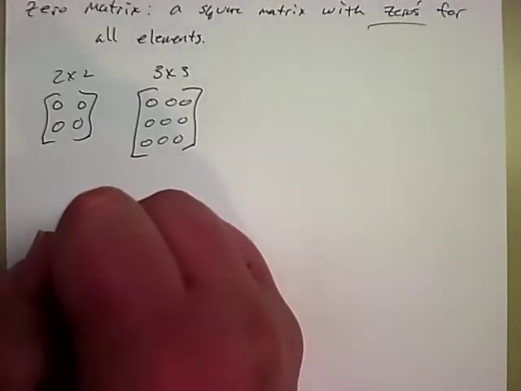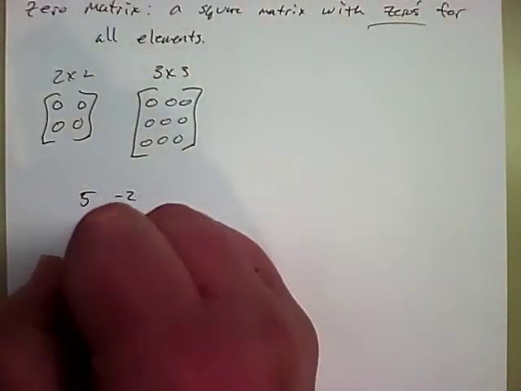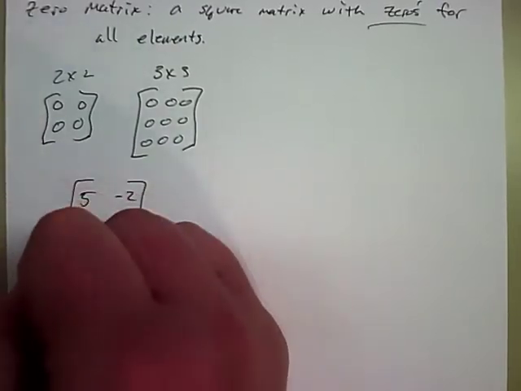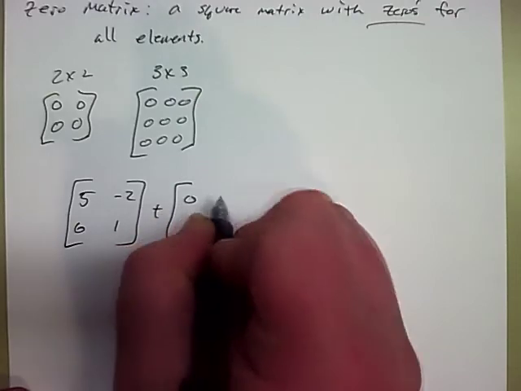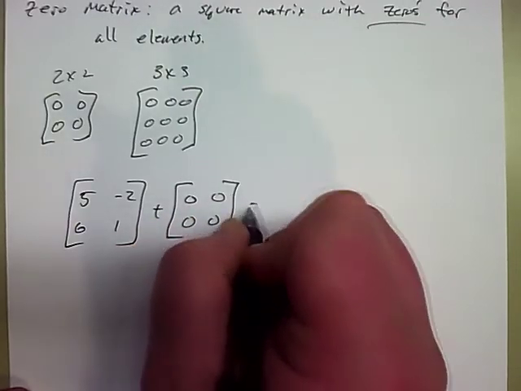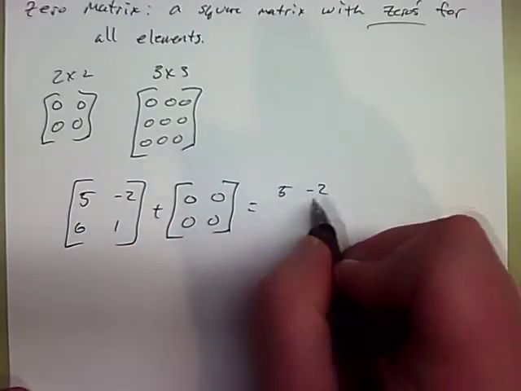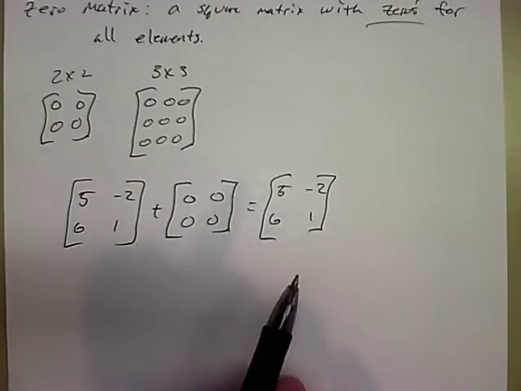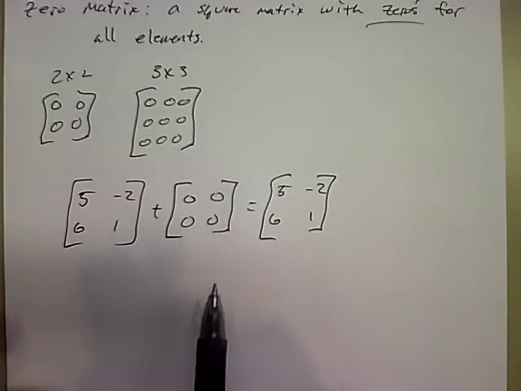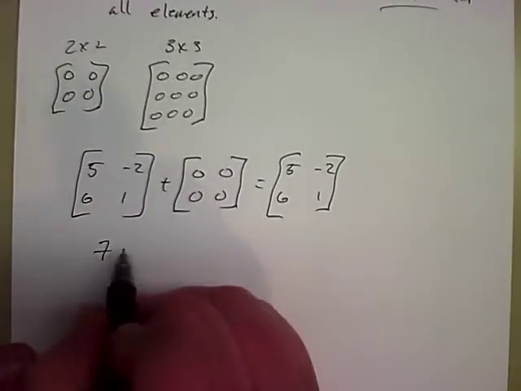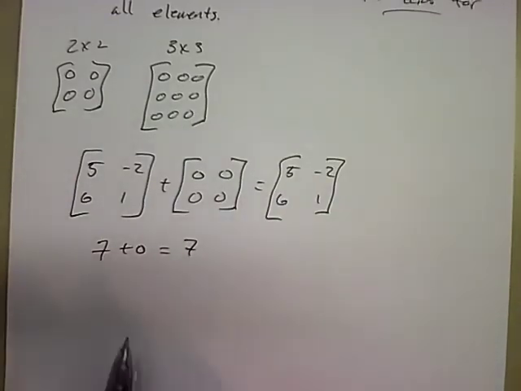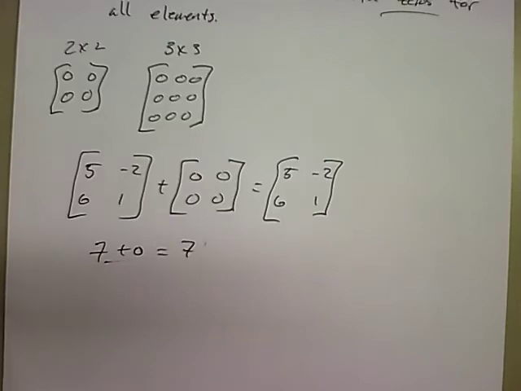So if I did 5, negative 2, 6, and 1, and I add that with the zero matrix, the result is the original matrix. And that's a whole lot like in math whenever we do something like 7 plus 0 is 7, in arithmetic. That always fascinates me. Some of these patterns are really fascinating.